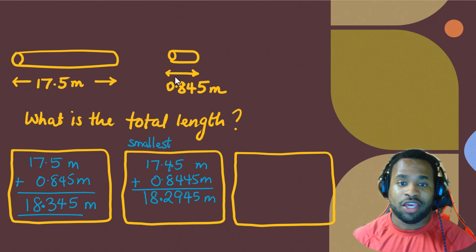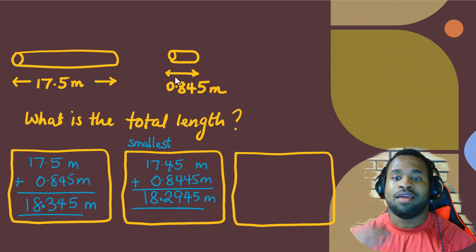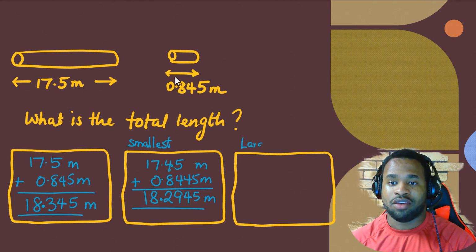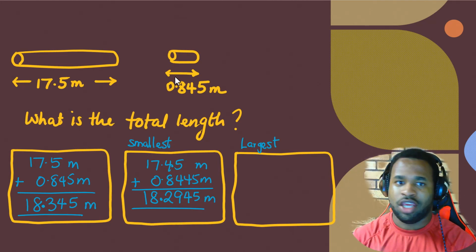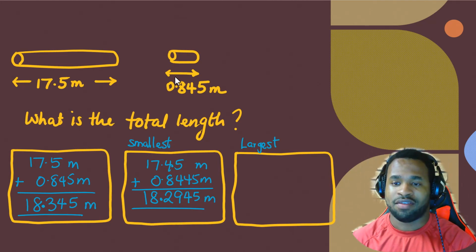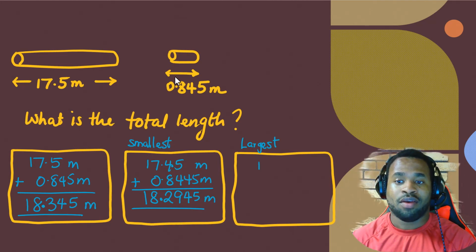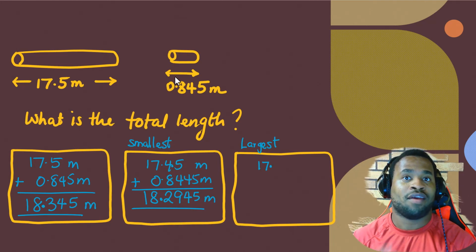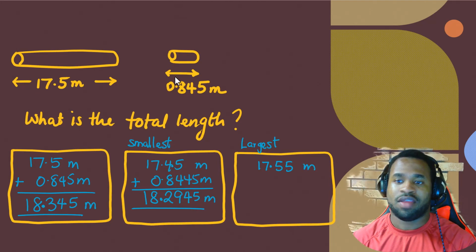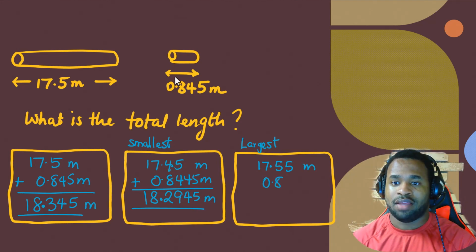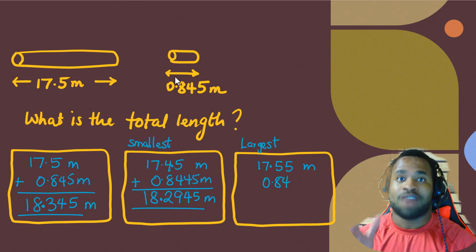And finally, we're going to be looking at the largest possible value that is going to be gotten from these two numbers, and in here we have our 17.5, which in this case will be now 17.55, and this here in meters, and for this number here it will be 0.8455.